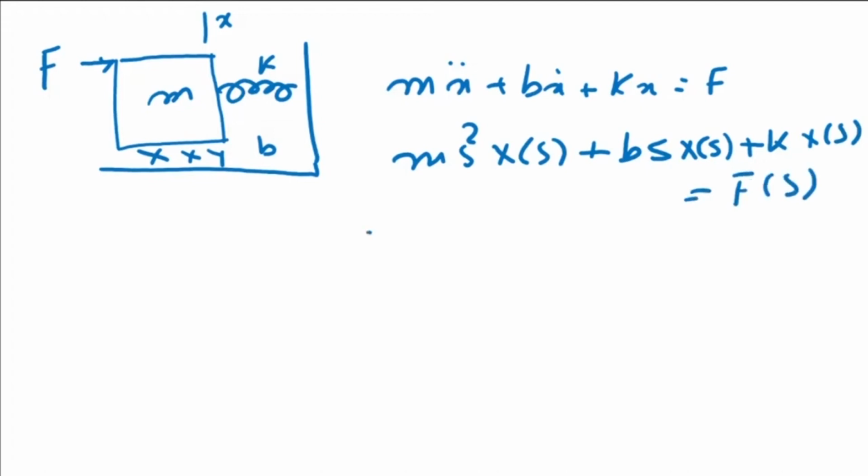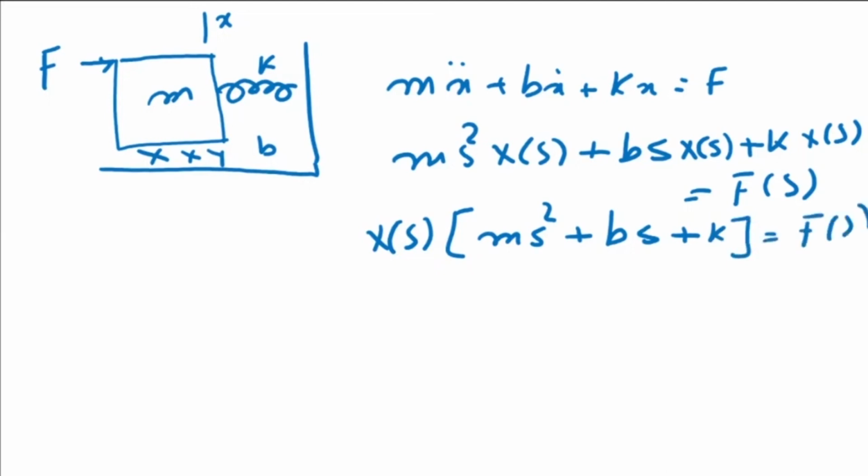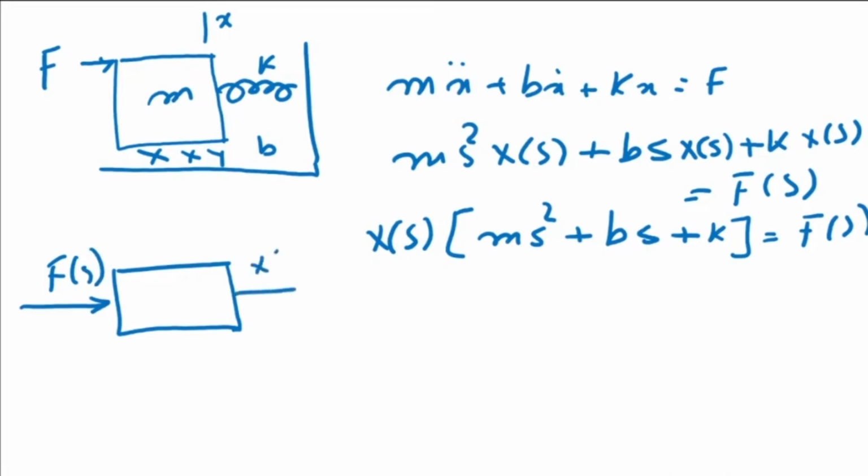From here, if I take my X(s) common, then what we get inside the brackets is m s squared plus b s plus k, is equal to F(s). Now if I consider this to be a block diagram in which I have an input and an output, my input is F(s). I'm applying a force to the block, because of which the block is moving, and my output here is X(s).